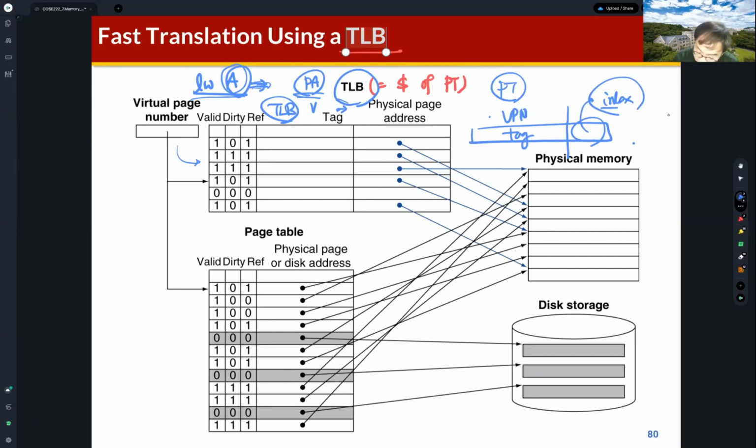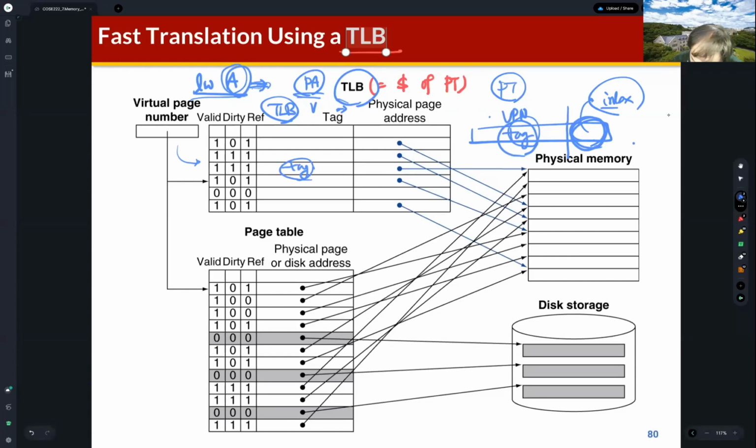If this mapping information is found in the TLB, we need to also check the tag, and we access the target entry of the TLB using the index of this virtual page number. Okay. Then if the tag matches the tag of this virtual page number, it is the hit case. It's the same as the cache hit.